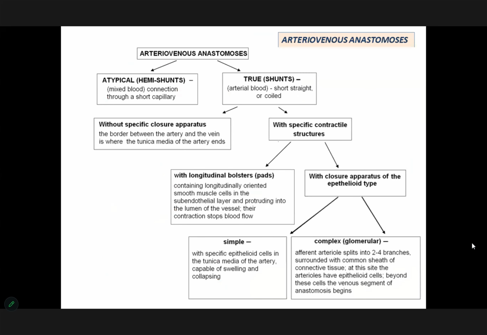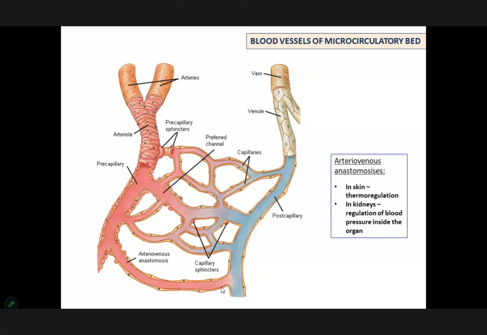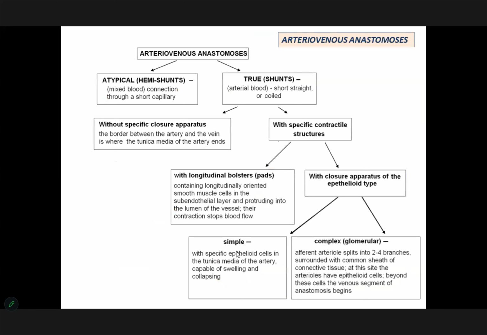Here is the classification of anastomosis. So we have the true anastomosis, one of which is here. True anastomosis means that the blood that goes through this anastomosis doesn't lose oxygen and goes directly into the venule.